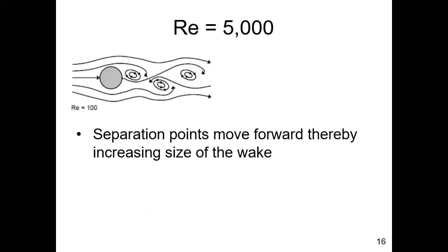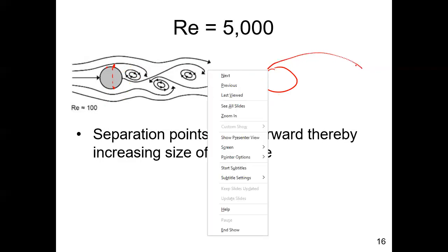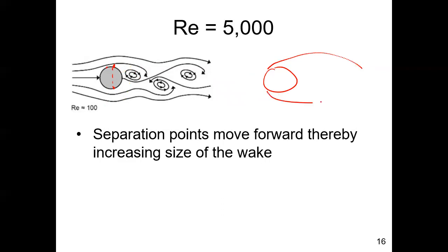And at 5,000, an interesting thing happens. One, the points of separation move further forward. So this was 100. And so we draw our sphere here, and we see that our point of separation is, say, right here. Now the point of separation is moving a little bit further forward.